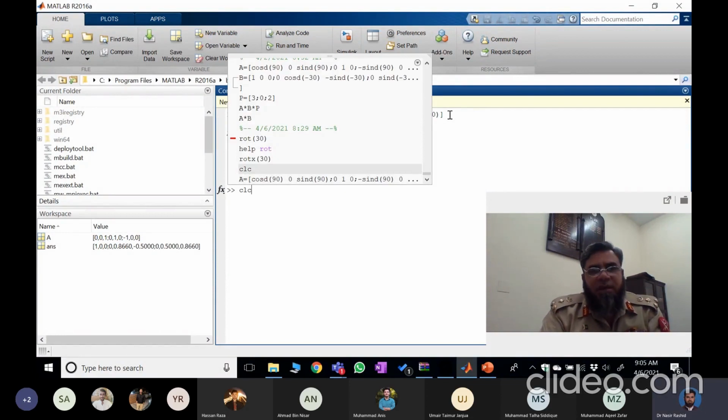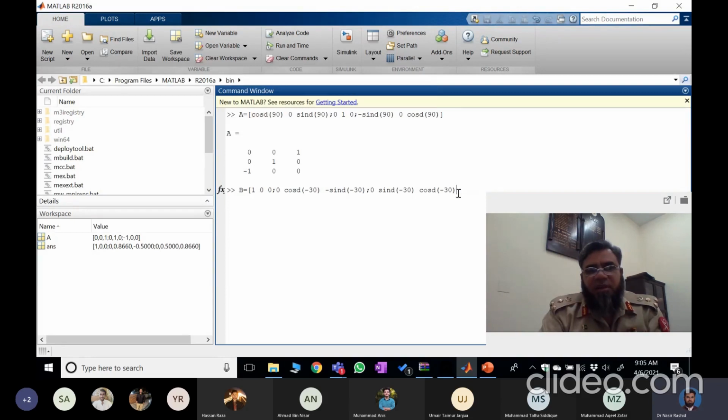This was A. So let us see what would be B. Now look, what is this? About x. About x-axis and rotation of how many degrees? Minus 30 degrees. Okay, this is the rotation about x by minus 30 degrees.